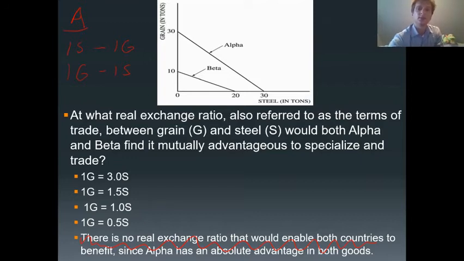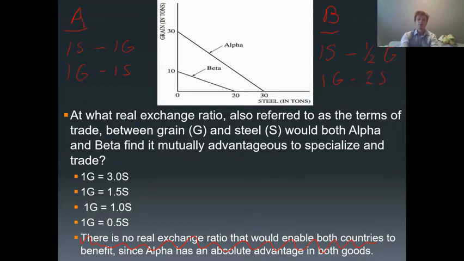For beta, which we'll do on the other side, if they are producing 1 steel, they have to give up, and this is an output problem, remember, I forgot to say that before, 1/2 unit of grain. That means to produce 1 grain, they give up 2 units of steel.